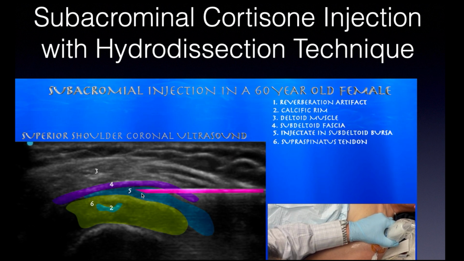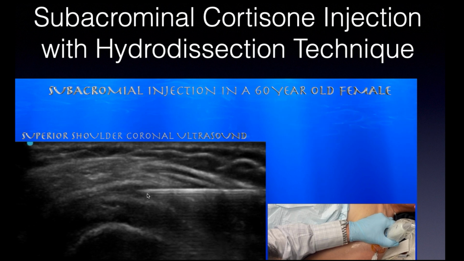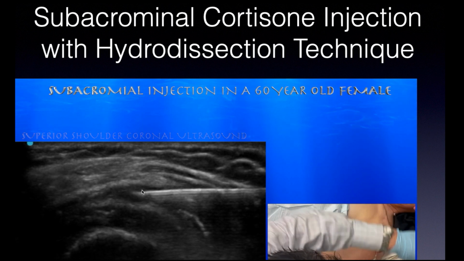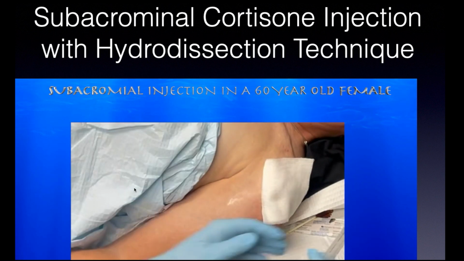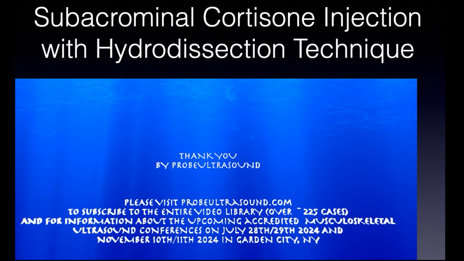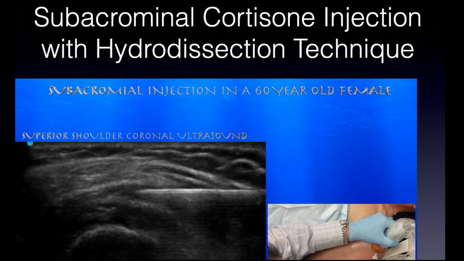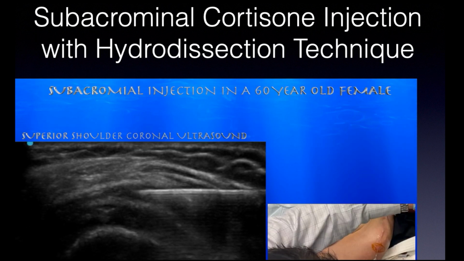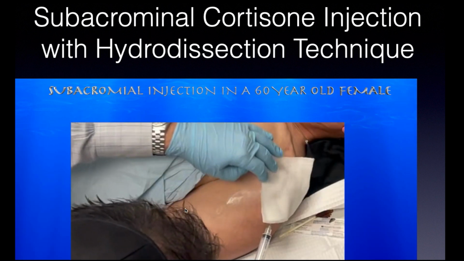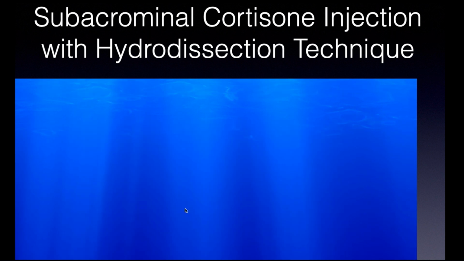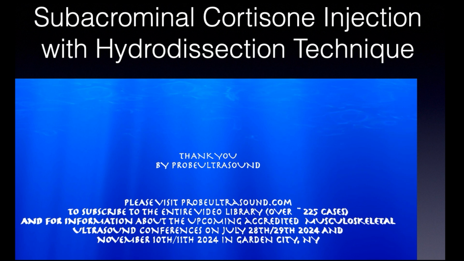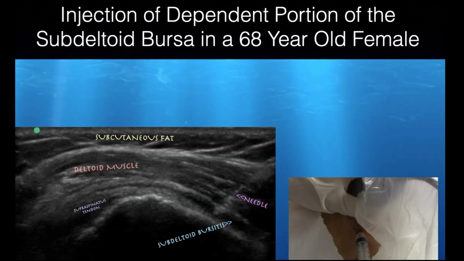Then you just slowly inject, and as you inject more and more, the fluid, which is black, will surround your needle, and it'll be easier to actually see the needle. I'm just separating those tissue planes. And here again is some injectate contouring that tendon. Okay, so that is that injection.